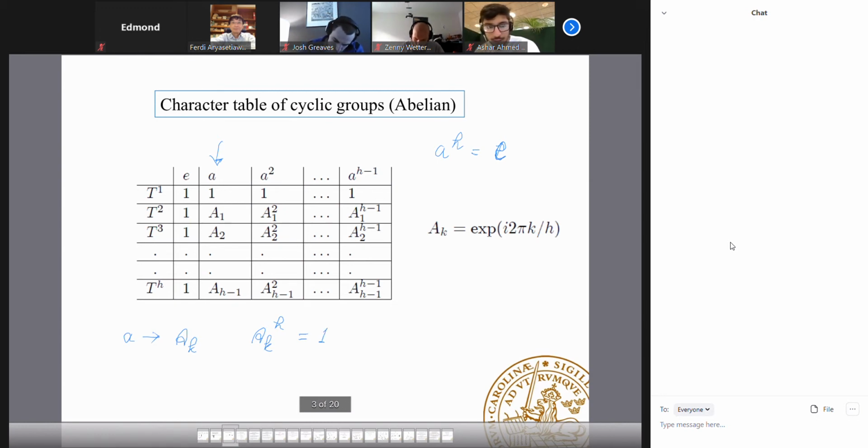So then the AK must be the roots of unity. So then we know the solution. So this is just given by the exponential of 2 pi i k divided by h.